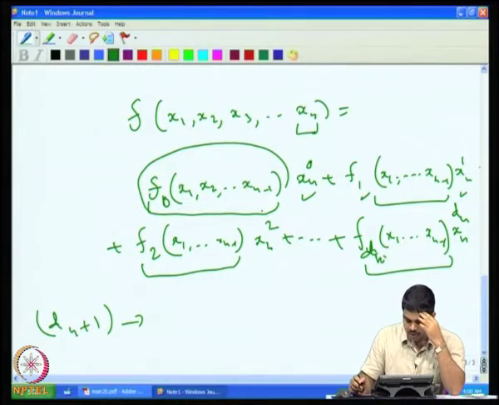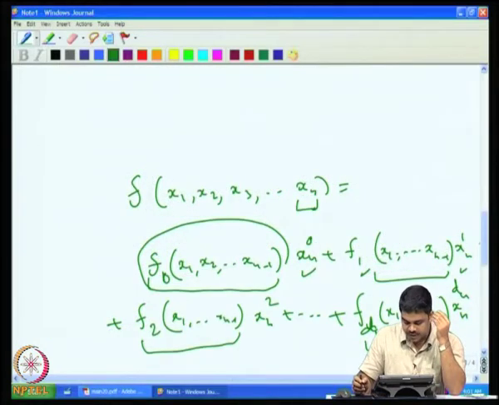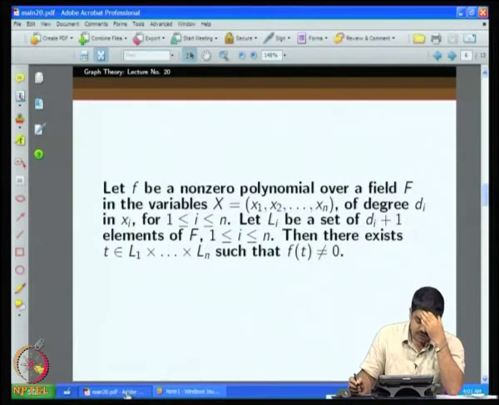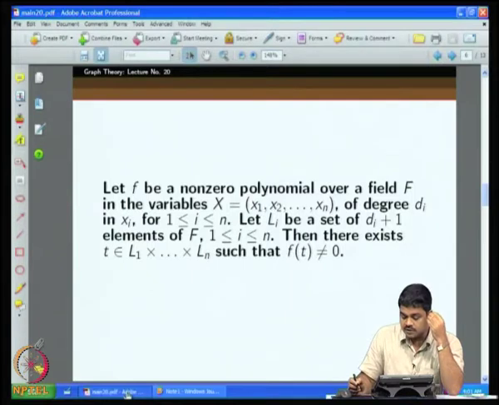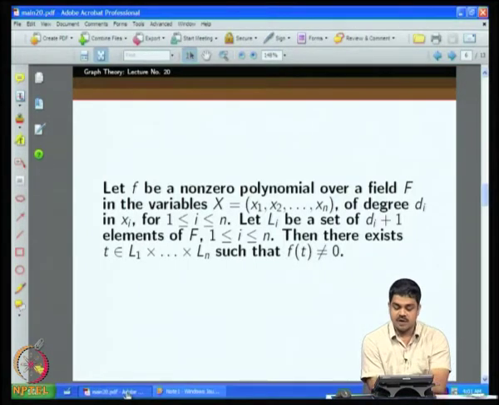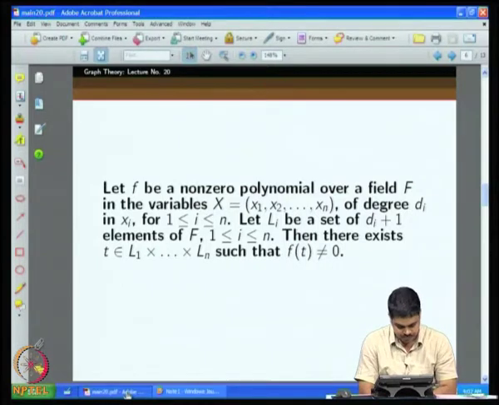So we can make use of the induction hypothesis: if there is a list of values L1 for x1, L2 for x2, and Ln for xn, then we can pick some t from L1 cross L2 cross Ln such that when you substitute those values in the polynomial, it evaluates to non-zero. That is what will come, isn't it?